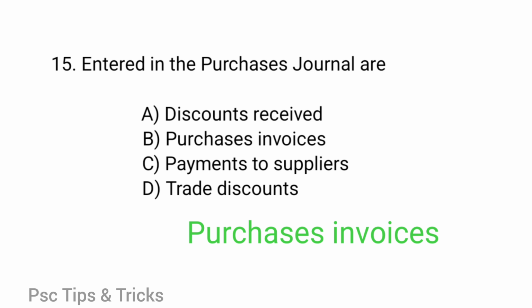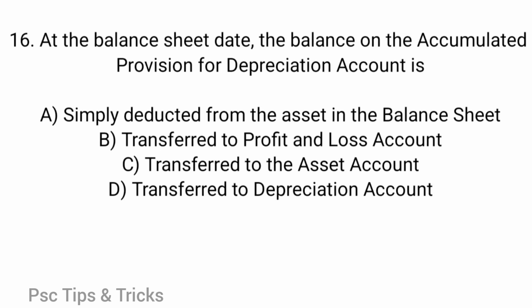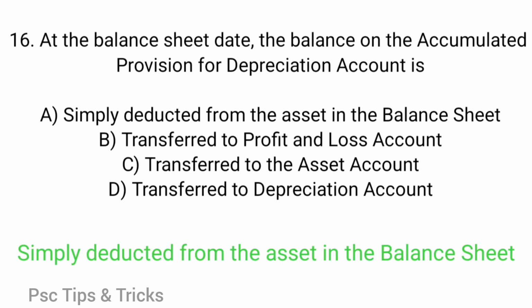Purchases invoices. At the balance sheet date, the balance on the accumulated provision for depreciation account is options: simply deducted from the asset in the balance sheet, transferred to profit and loss account, transferred to the asset account, transferred to the depreciation account. Simply deducted from the asset in the balance sheet.